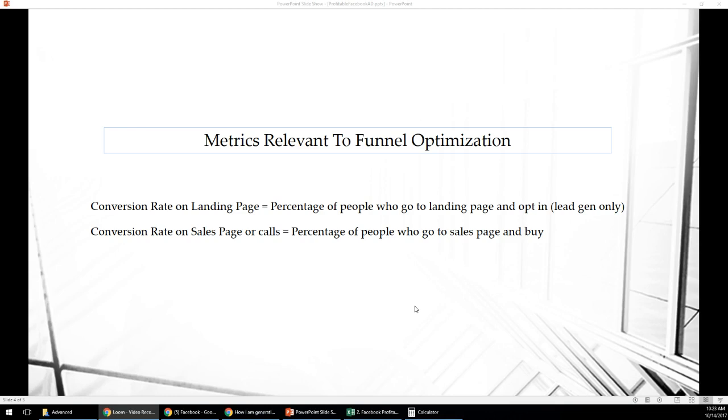Again, this training is not about the landing pages, but just understand that your landing page has to be conversion rate optimized. I will mention a couple of resources that you can look into to get more information about conversion rate optimization of your landing pages, but just know that it's extremely important when you're sending the traffic to your landing page. On the other hand, you have conversion rate on sales page or calls. Again, extremely important when it comes to the landing page.